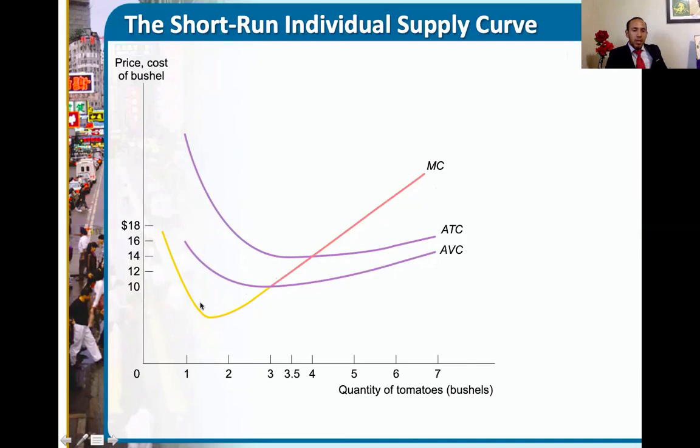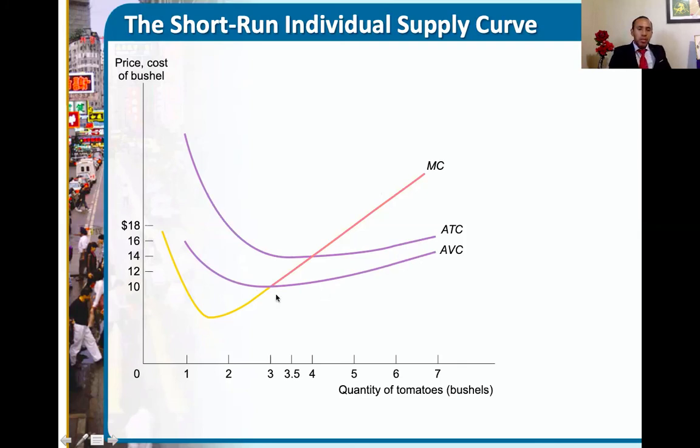They start supplying at least at a point where they can cover some of the cost of production on average. The supply of goods does not start at zero. They have a cost of operation. That's why this is important when we look at the average cost curves and the marginal cost curve. They help derive the individual supply curve.